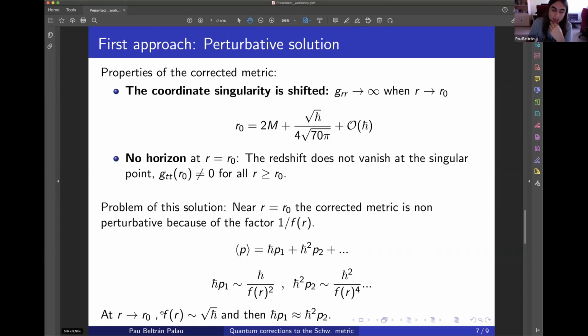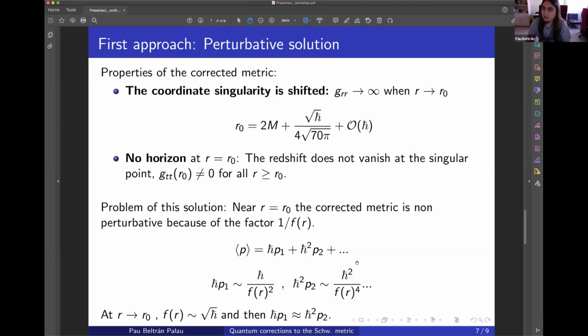And we can see that near this point, in the limit of r tending to this singular point, the function f behaves as the square of h bar, and therefore this f compensates the h bar, but in fact it compensates it in such a way that the term at first order has the same order as the second-order term.